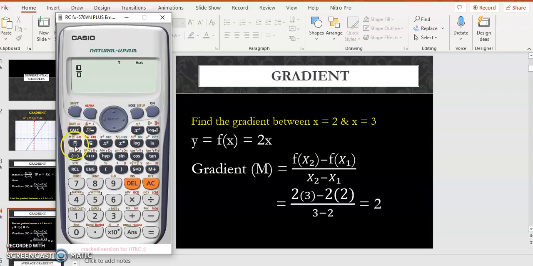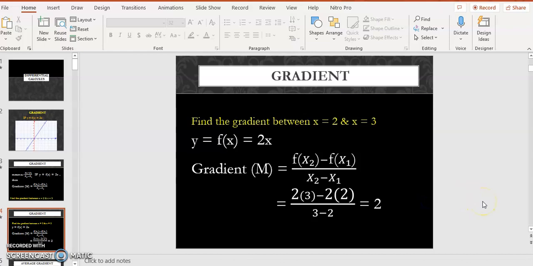So here, I'm going to press 2 times 3 minus 2 times 2, divided by 3 minus 2. And this gives us what? 2. So our gradient for the straight line is 2. This is direct. We did this in grade 11.